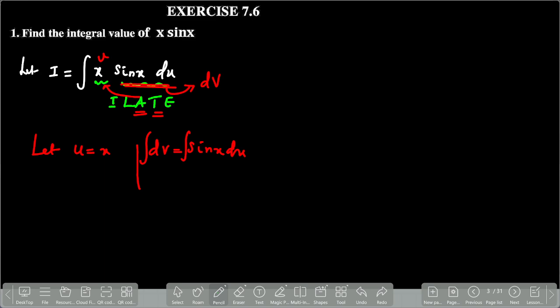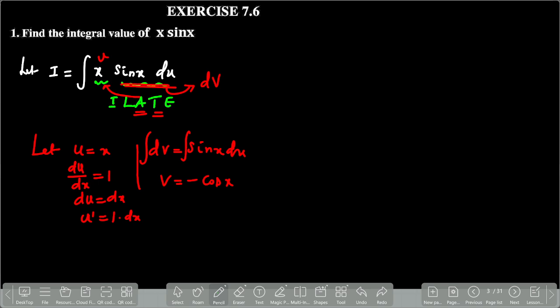The derivative: du by dx equal to 1, which means du equal to dx or u dash equal to 1 into dx. Whatever is your choice, you can use any one. Now here, integral of sin x is minus cos x. Very good.